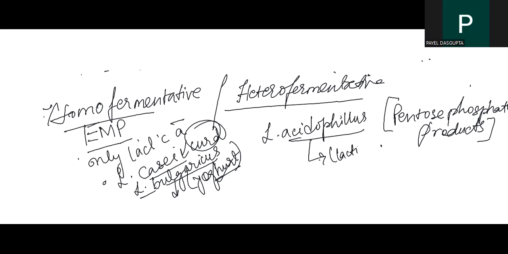Lactic acid will not be the main one. In homofermentative you will be getting only lactic acid, but in this case we won't get only lactic acid, but some other products also. So one such example is the heterofermentative Lactobacillus acidophilus.